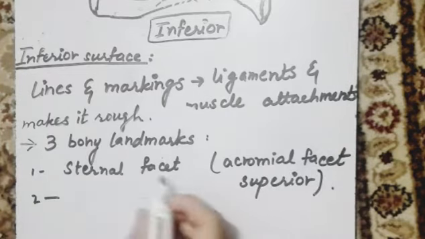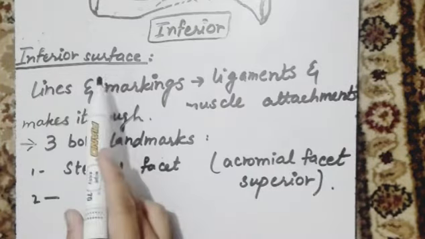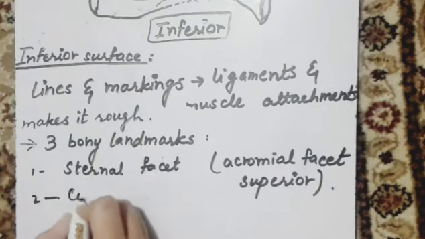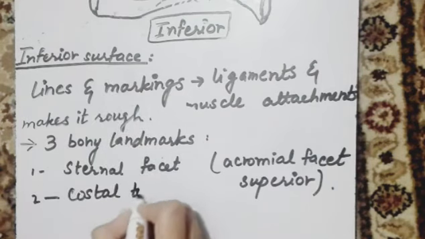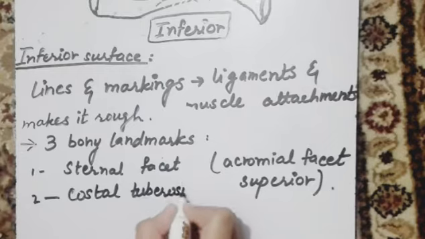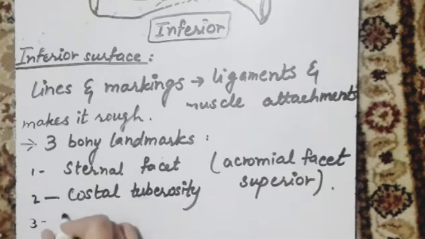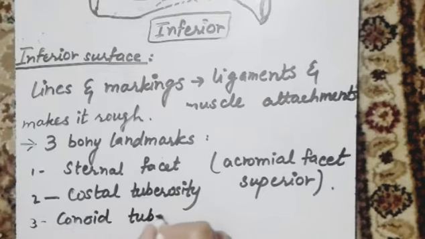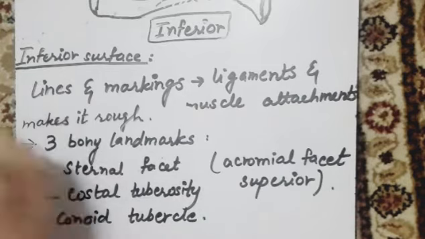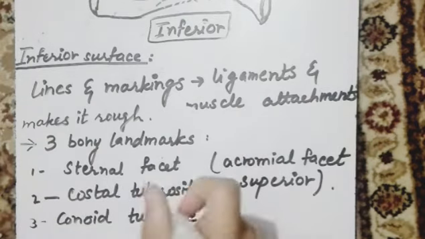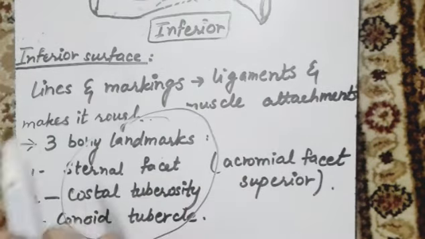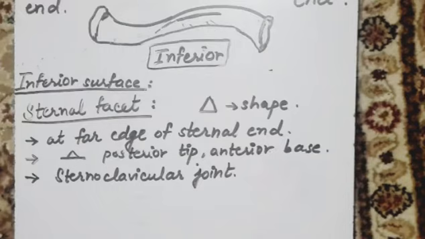Just remember the difference between the two, that the facet is different. And then the second one is costal tuberosity. Third one is the conoid tubercle. Just need to remember these 3. You can abbreviate it as SCC or CSS. No, CSC, whatever. These 3 are the differences.